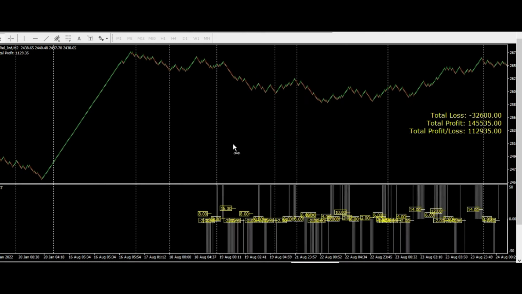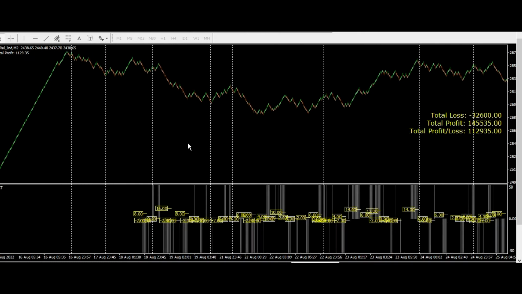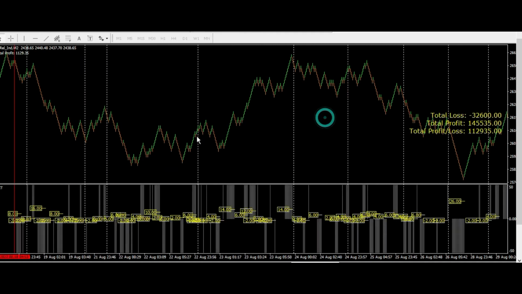I have opened a Reliance Industries chart. I am starting calculation from 18 August 2022 to 25 October 2022.